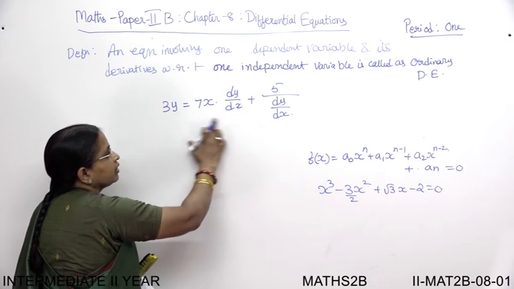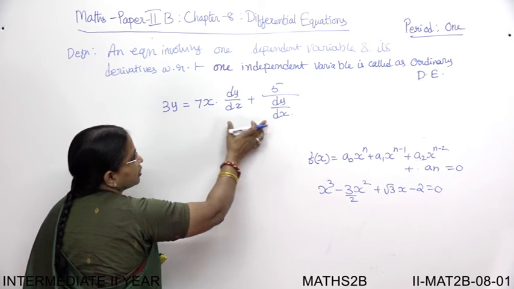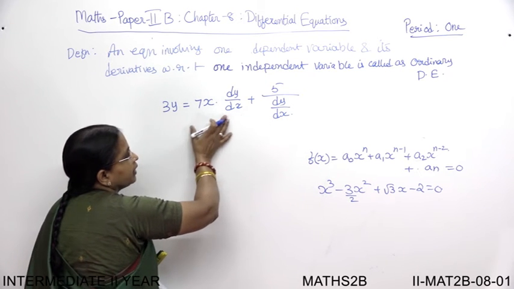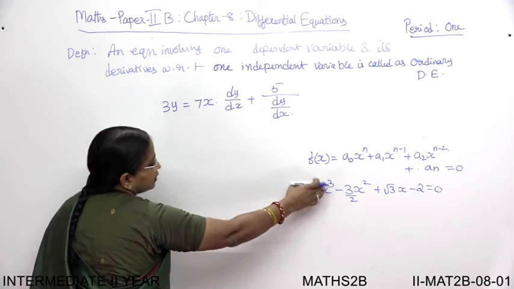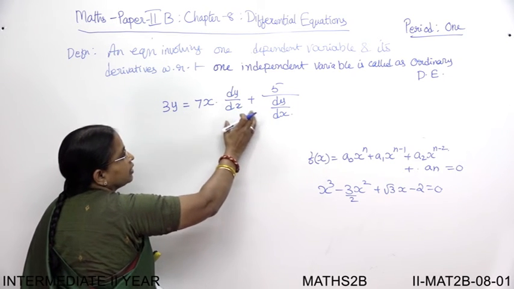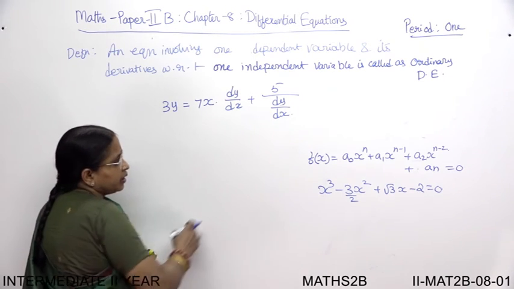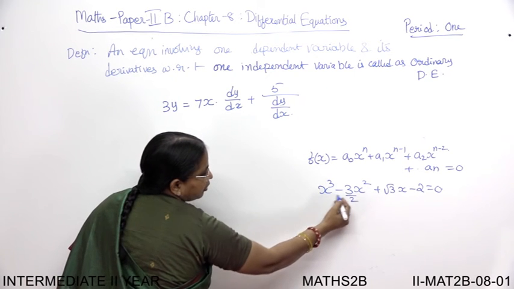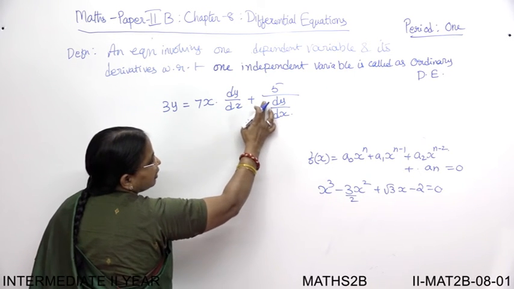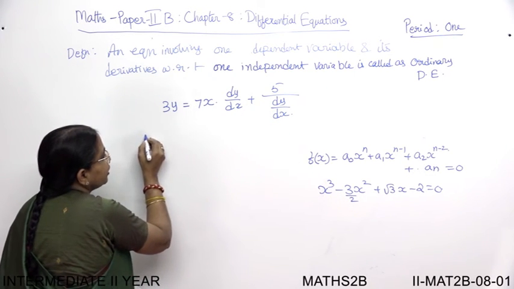In the same way here, the equation should be written as a polynomial equation in the derivatives. For a polynomial, you cannot have x in the denominator. In the same way, dy by dx should not be in the denominator.